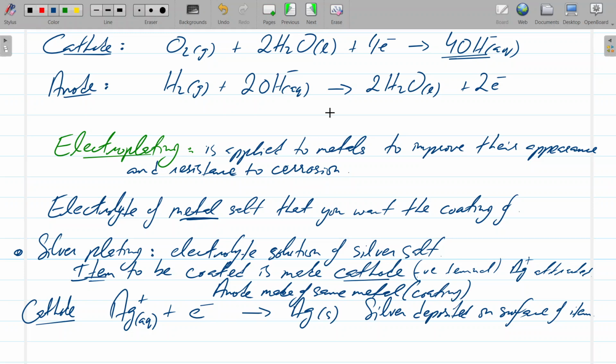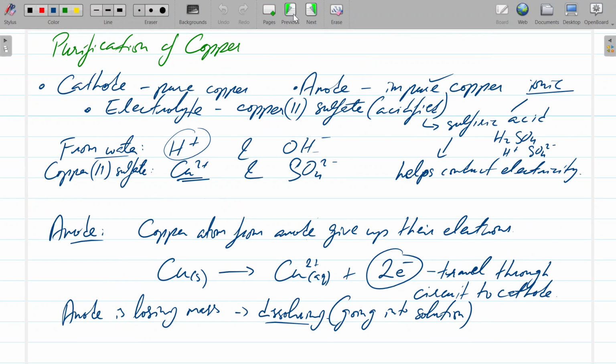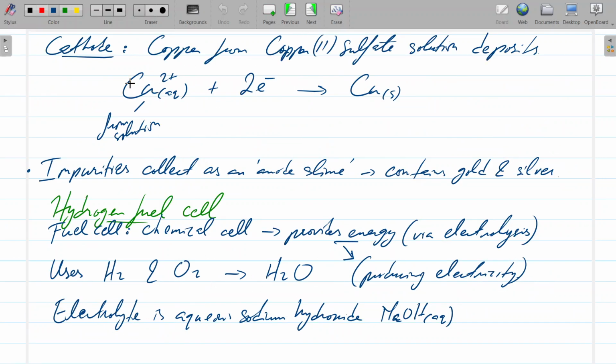What's happening is similar to the copper purification process. The silver anode will go into solution, and then from the solution at the cathode, it will come back as silver atoms and coat the object.